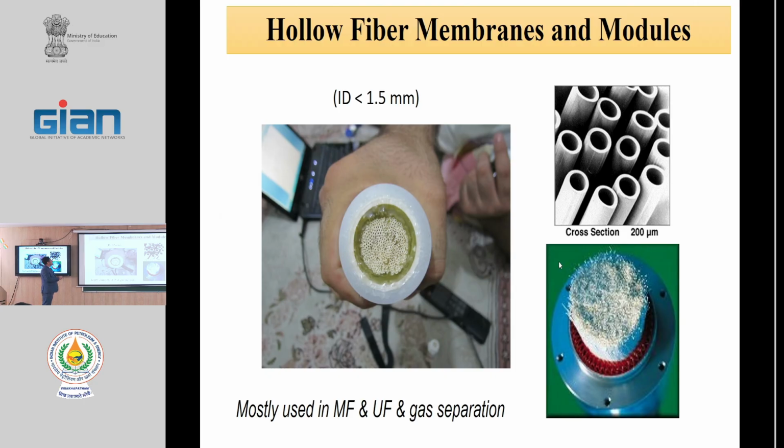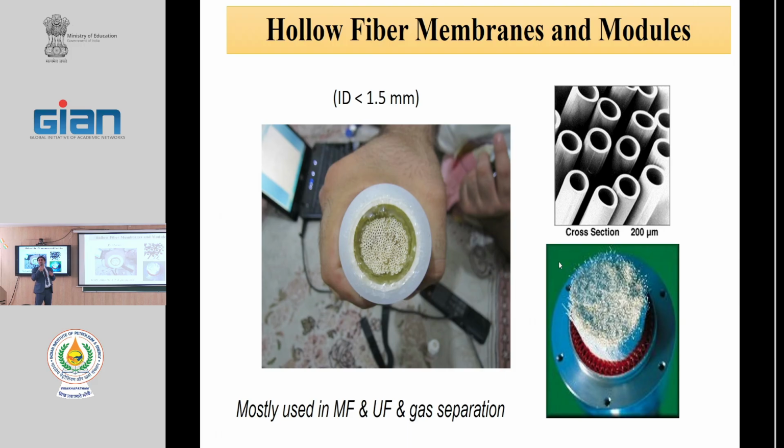Most hollow fiber membranes have this diameter. You see that the human hand can hold thousands of hollow fibers. The most important property of this hollow fiber membrane is the very high surface. And when we have a high surface, the productivity of the membrane increases. But one problem is that the stability of these fibers, when fabricated from polymer, is low.